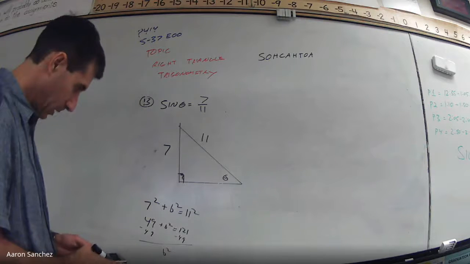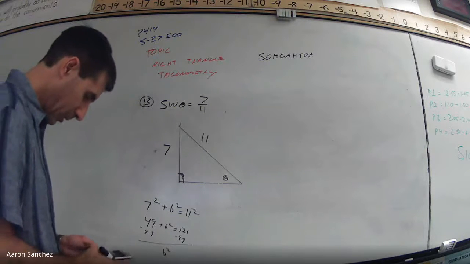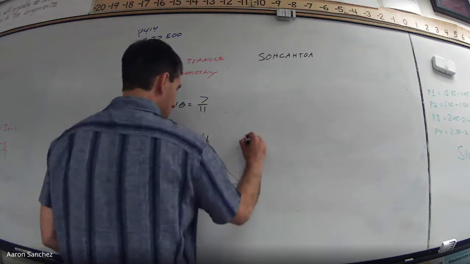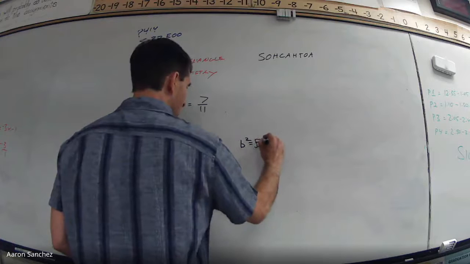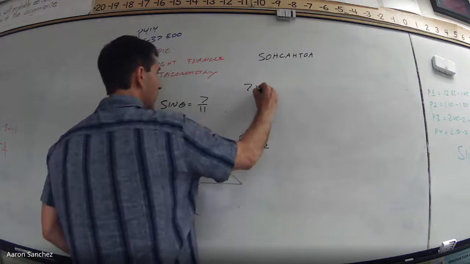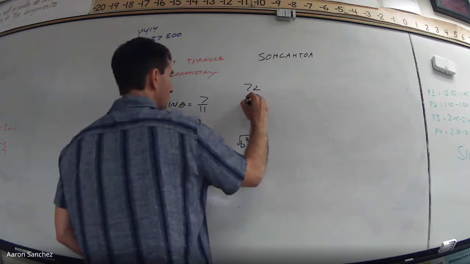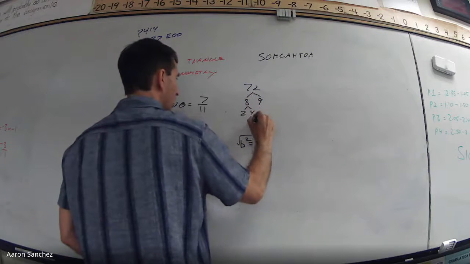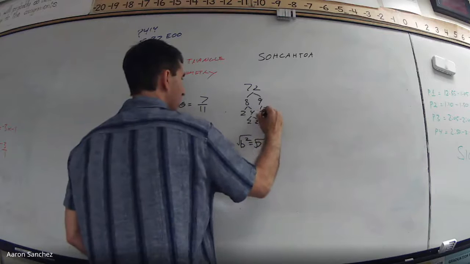121 minus 49 is 72. So b squared equals 72. Let's get the square root of 72. 72 is 8 and 9. 8 is 2 and 4. 2 and 2. 3 and 3.